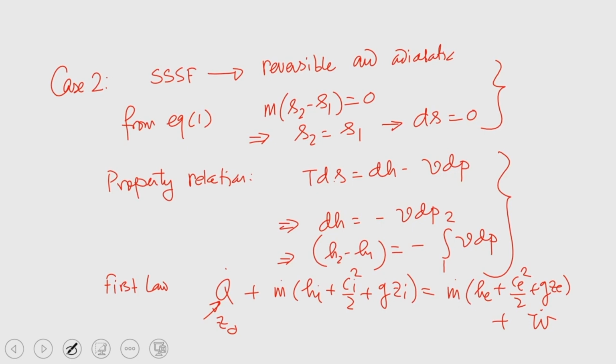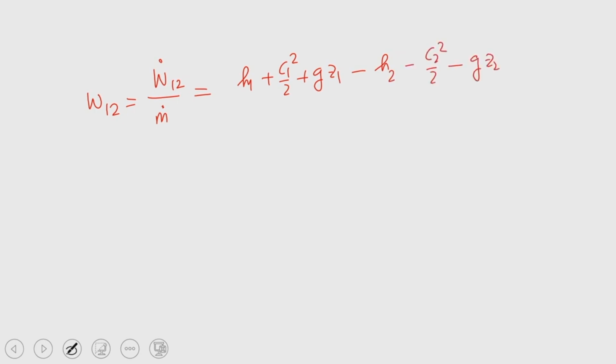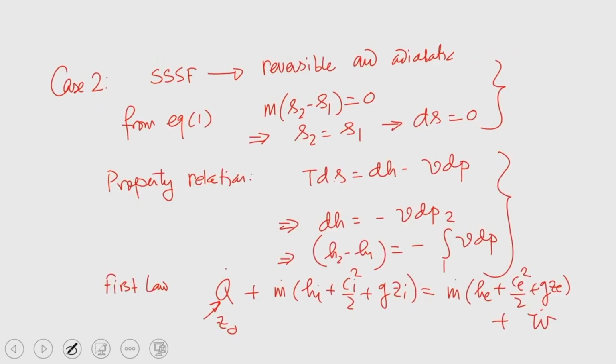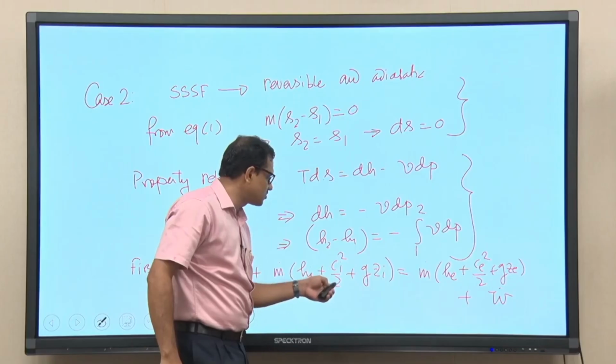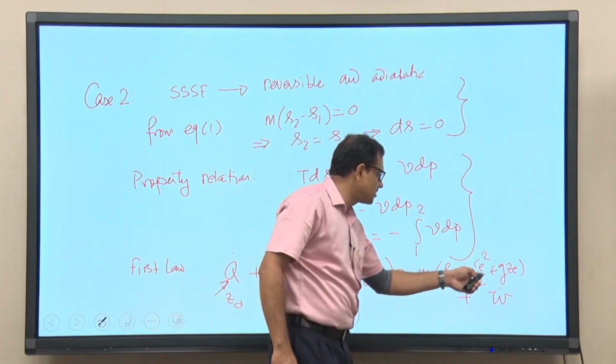Now, what is W1 to 2? W1 to 2 is nothing but W dot by m dot, which equals H1 plus C1 square by 2 plus gZ1 minus H2 minus C2 square by 2 minus gZ2.